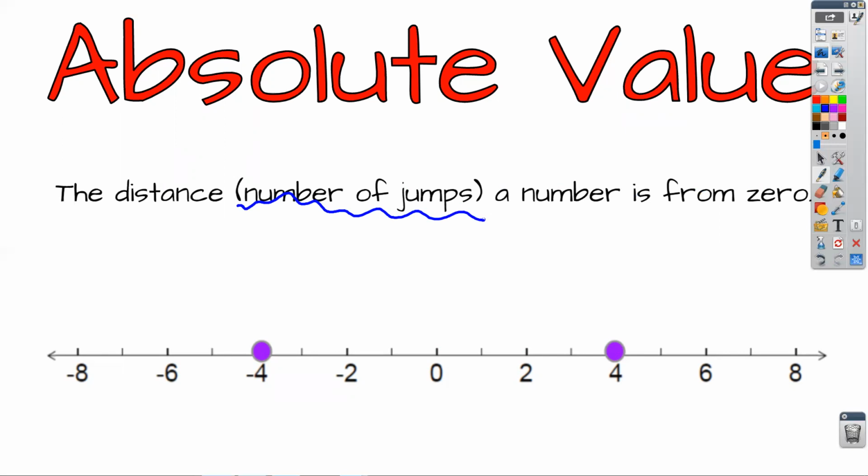So if I said, what is the absolute value of 4? Well, it takes 1, 2, 3, 4 jumps. So the absolute value is 4. If I look at -4, well, -4 takes 4 jumps to get to 0. So therefore, the absolute value of -4 is also 4.